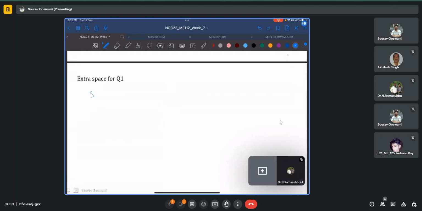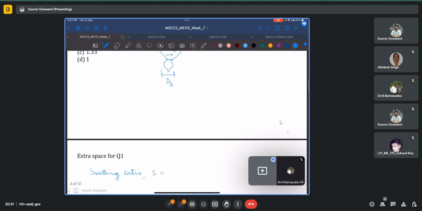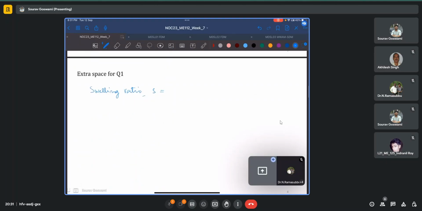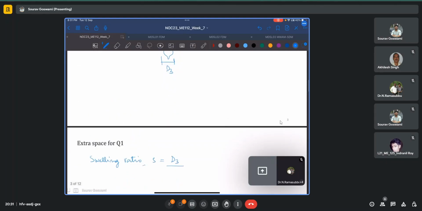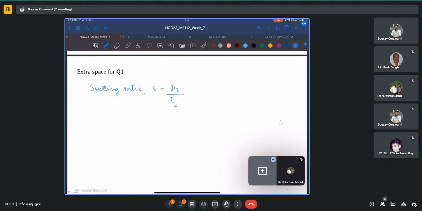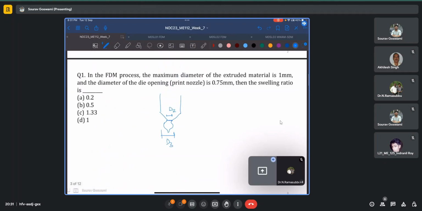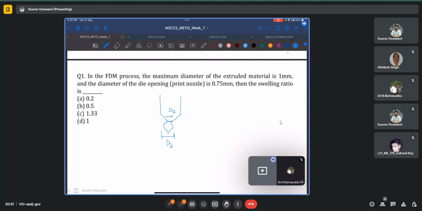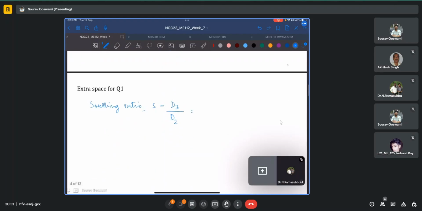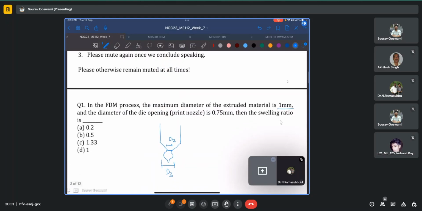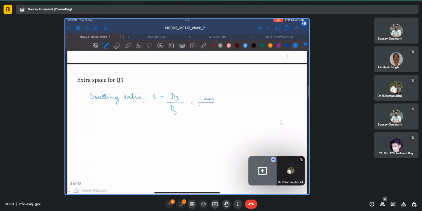So if I denote the swelling ratio by S, it will be equal to the maximum diameter of the swelled bead divided by the diameter of the nozzle. So in this case, the maximum diameter of extruded material is 1 mm, whereas the diameter of the die opening is 0.75 mm.